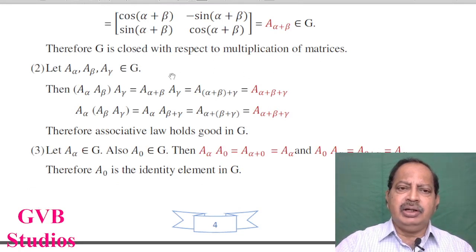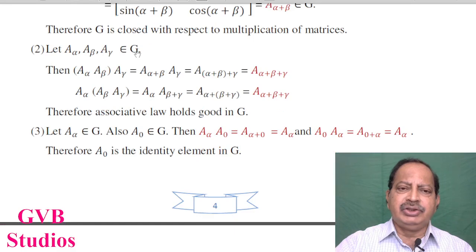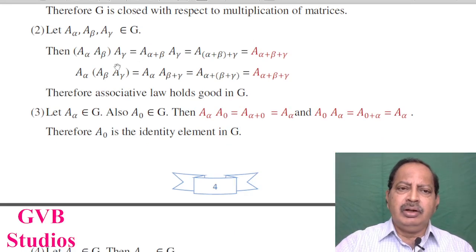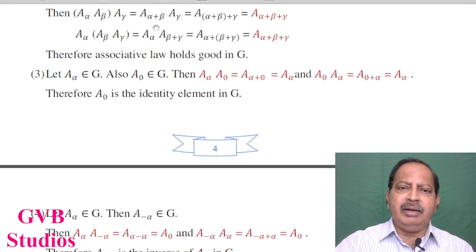Next, we go to the associative law. I will take three elements A alpha, A beta, A gamma in the set G. On the left side, I will write (A alpha A beta) A gamma is equal to, as in the closure property, A alpha plus beta into A gamma. Again applying the closure property, I will write A of alpha plus beta plus gamma.